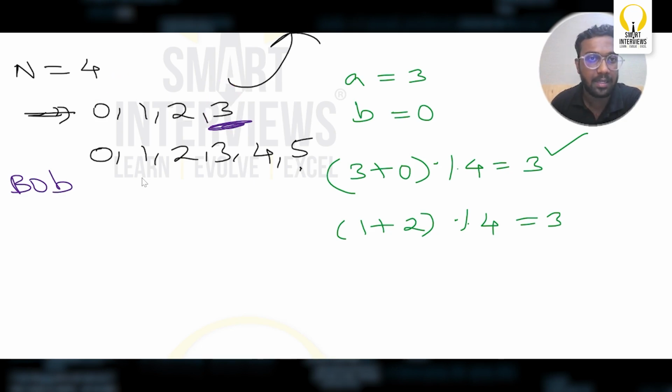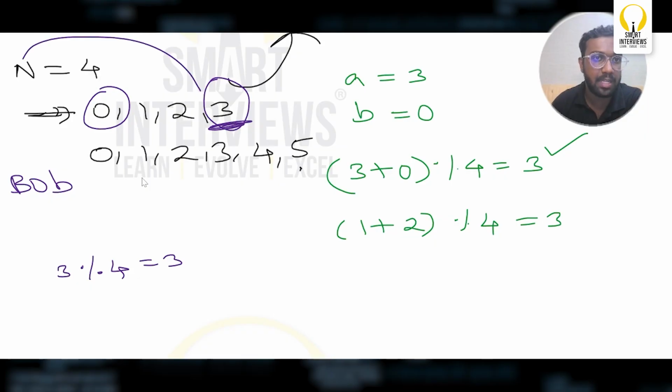If the last digit is 3, 3 mod 4 is 3, right? Because Bob will obviously pick 0 to make this condition valid. So whenever n minus 1 modulo 4 is 3, Bob was winning. Because whatever Alice picks, Bob will also pick.